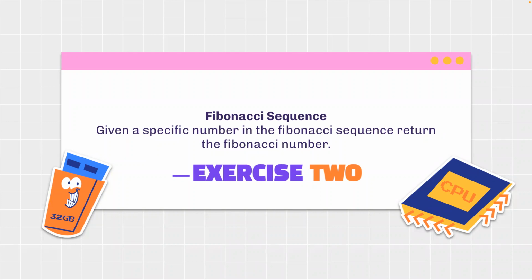Yes, that's exercise 2. We are moving from 1 to 2. If you don't know what that is, you can just Google and then find the algorithm and then write.